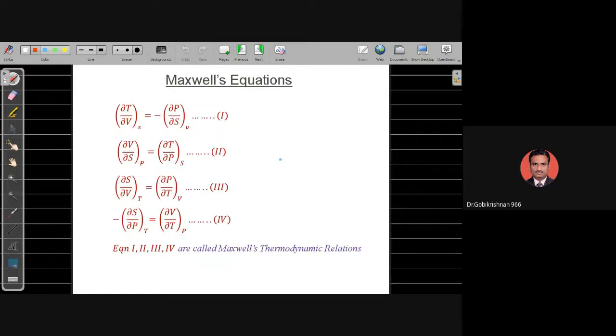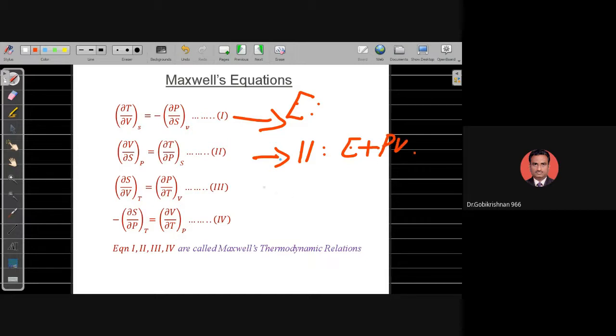Therefore, this is the overall view of the Maxwell thermodynamic relations. The first relation is from dE equal to T dS minus P dV. Then the second one is H is equal to E plus PV.